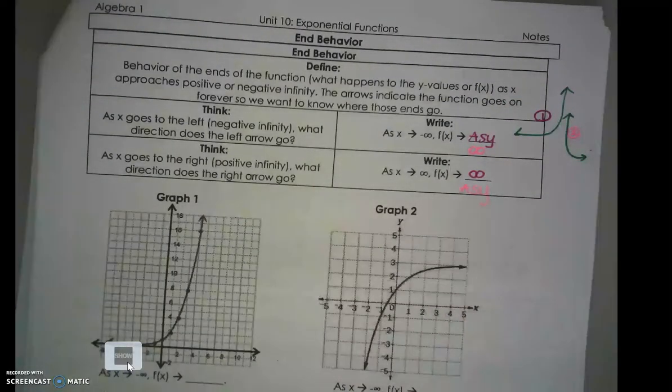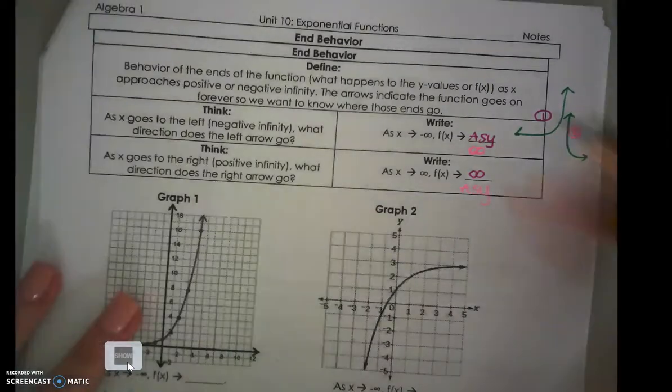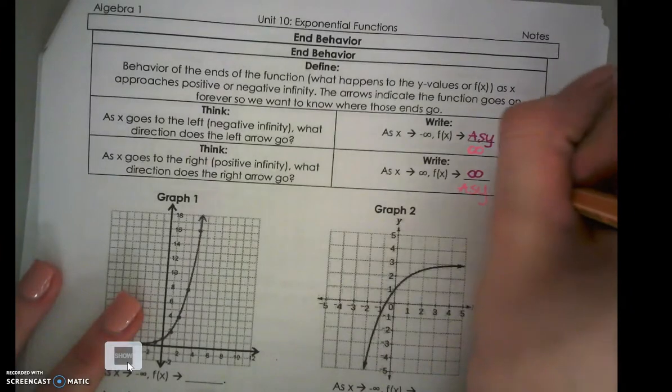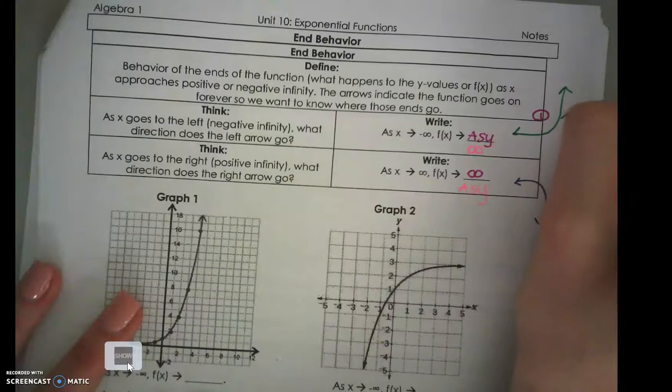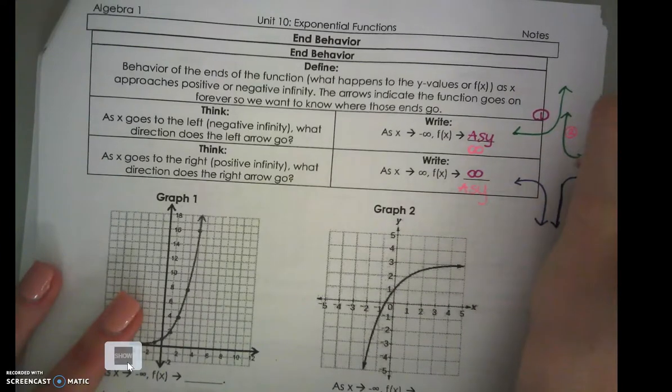Now there's two other examples. Let's pick a different color. What if these graphs get reflected? So what if I have this picture or I have this picture?